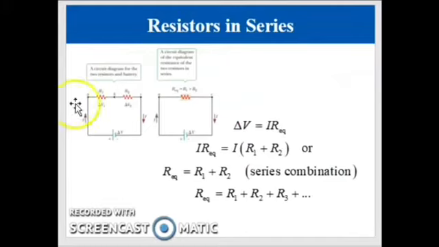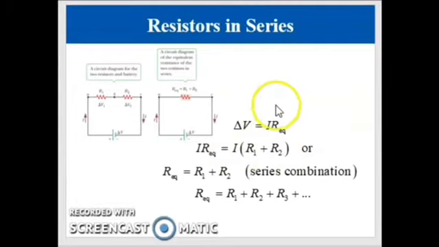Okay, now we have a schematic diagram of resistors in series. The equivalent resistance here can replace the two resistors of the original circuit, as shown here. Let us apply Ohm's law to the equivalent resistor. Ohm's law, delta V equals I R equivalent.